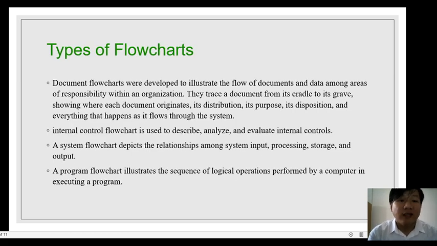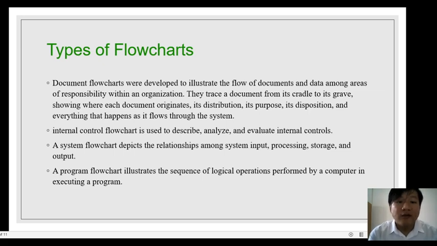Types of flowcharts. Document flowcharts were developed to illustrate the flow of documents and data among areas of responsibility within an organization. They trace a document from its cradle to its grave, showing where it originates, its distribution, its purpose, its disposition, and everything that happens as it flows through the system.